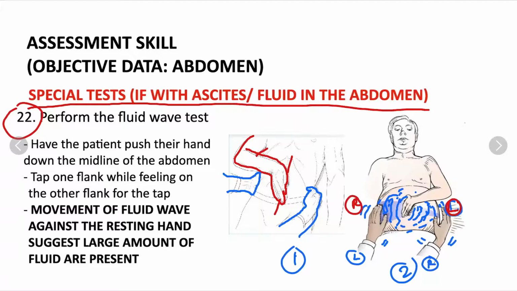When you do tapping, you would feel the shifting or movement of fluid in a wave, and you would see the hand of the patient moving as well. Therefore, the patient is positive for the fluid wave test if there is movement of fluid against the resting hands, especially if there is a large amount of fluid present in the abdominal area. Okay, so this is how you do the fluid wave test.